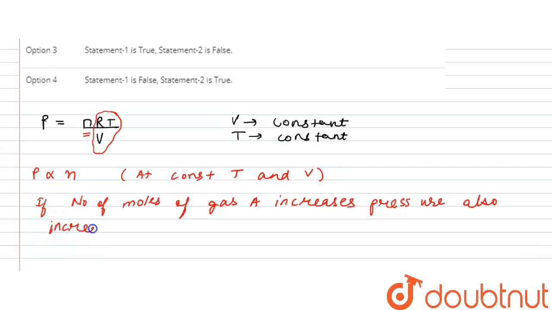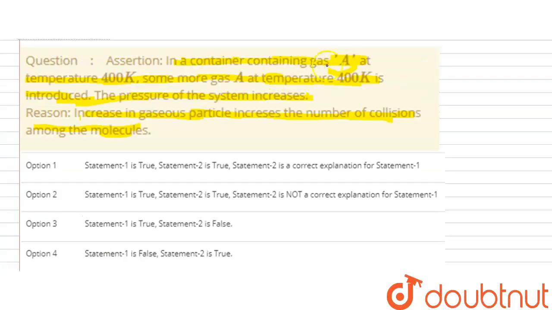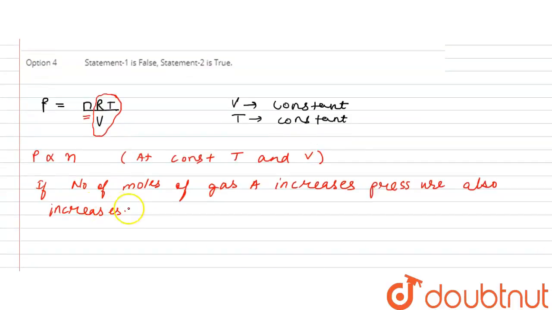And that is what is given in the question, statement 1, that in a container containing gas A, some more gas A at temperature 400 Kelvin is introduced, the pressure of the system increases. Yes, this is the true statement. We have just now seen how the pressure is increasing when we are adding some more moles of gas A.